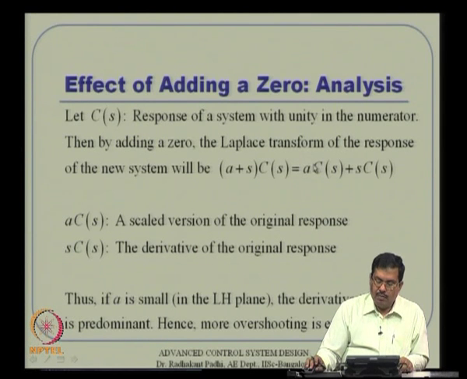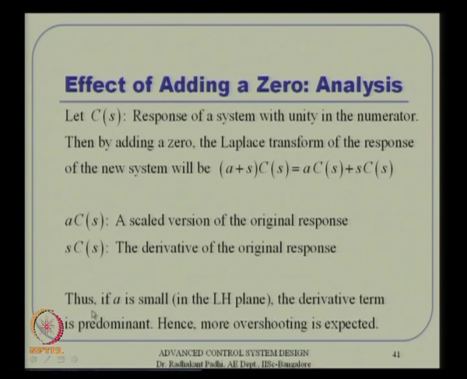Then what happens? If A is really small, then the derivative term plays a major role. That means the derivative term becomes predominant, and remember, if it is a step input response that we are talking about, this is the type of response we are dealing with.